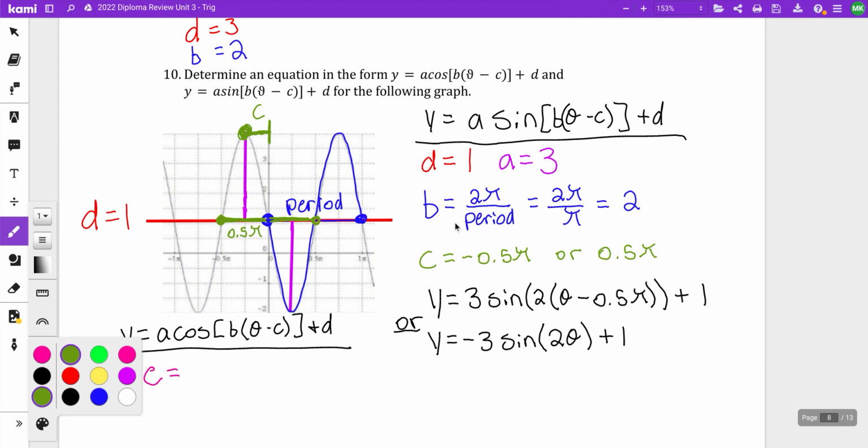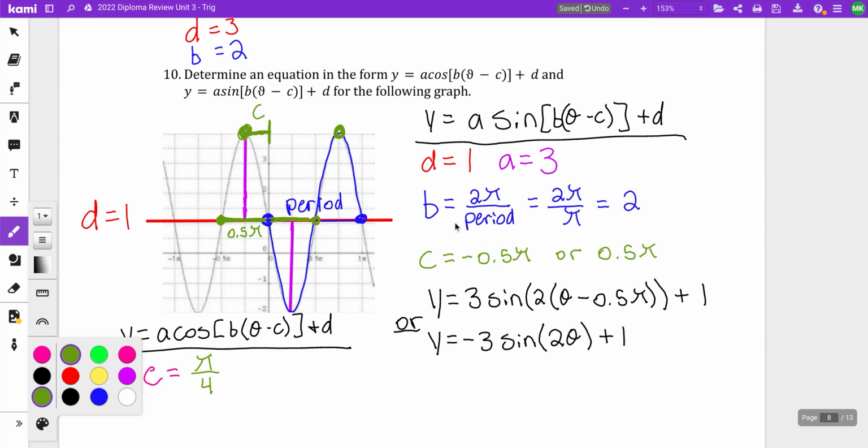To figure out that distance, figure out what their scale is. I would go 0.5 pi divided by 2. This is halfway between, so this is pi over 4, or 0.25 pi. Another technical C value you could put is this point over here, right? It's a maximum and it goes down.